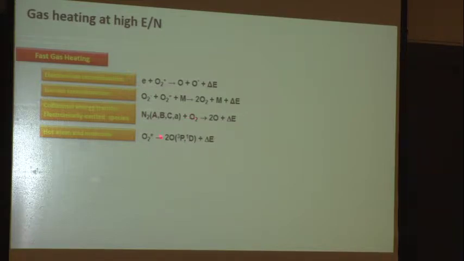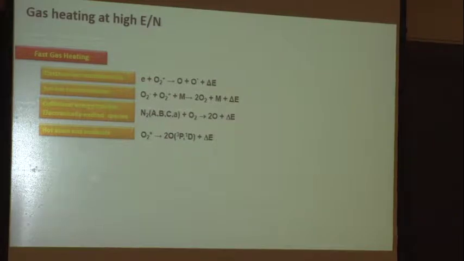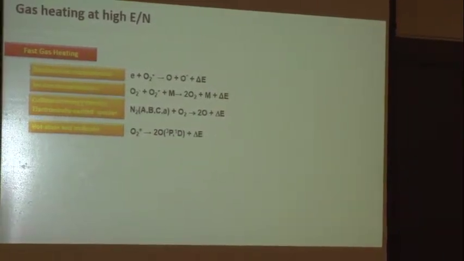And then the excited oxygen dissociates, producing hot atoms like we talked about before. They can generate heating. So this process governs the fast heating of a plasma. That's the first peak of rising in the plasma process you saw yesterday in the figure.